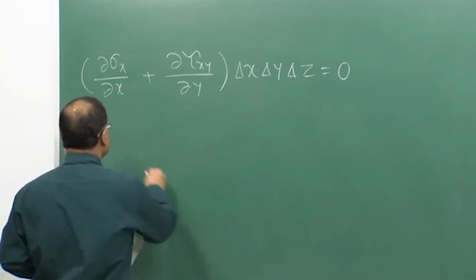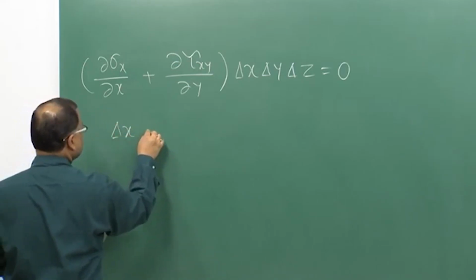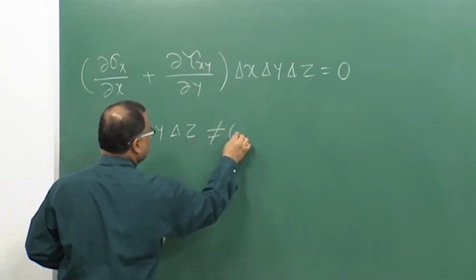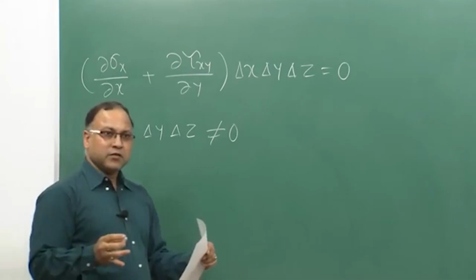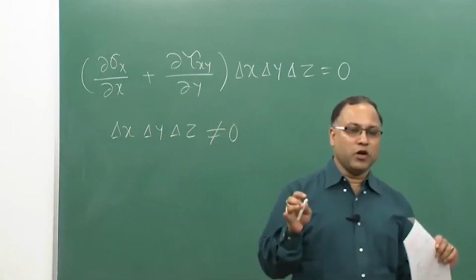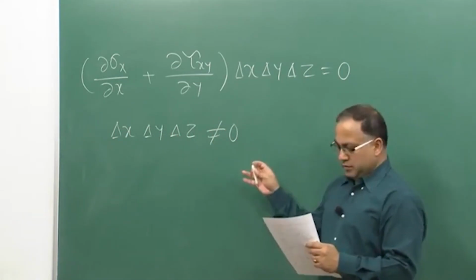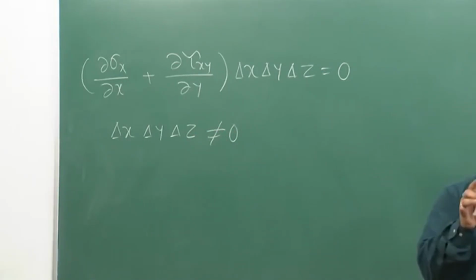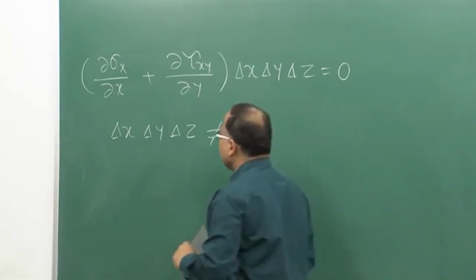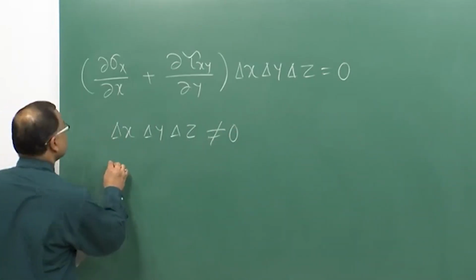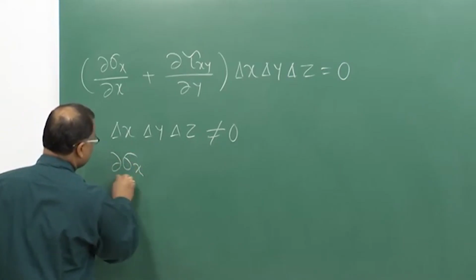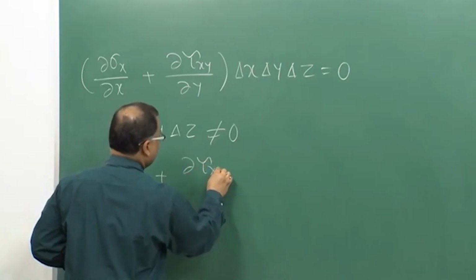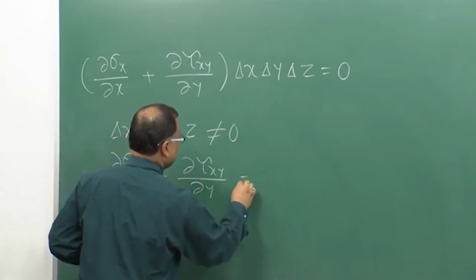Since delta x delta y delta z cannot be equal to 0, because you are considering a parallelepiped of finite volume around point O, this bracket must be 0. So, del sigma x del x plus del tau xy del y must be 0.